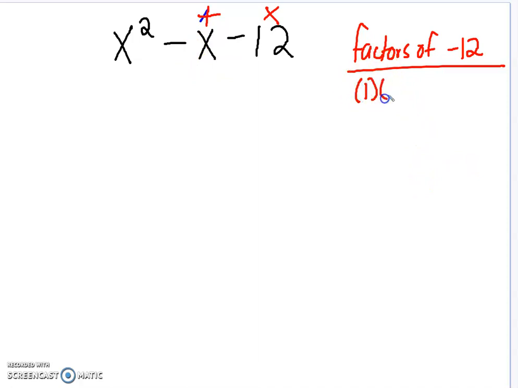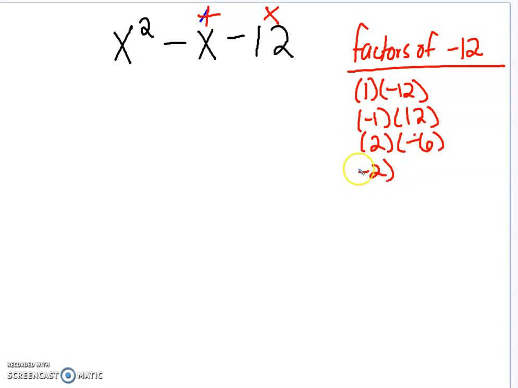You could have 1 times negative 12. You could have negative 1 times 12. You could have 2 times negative 6, negative 2 times 6. Or you could have 3 times negative 4, or negative 3 times 4.